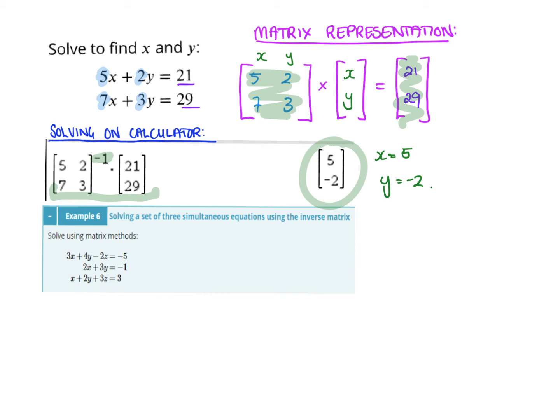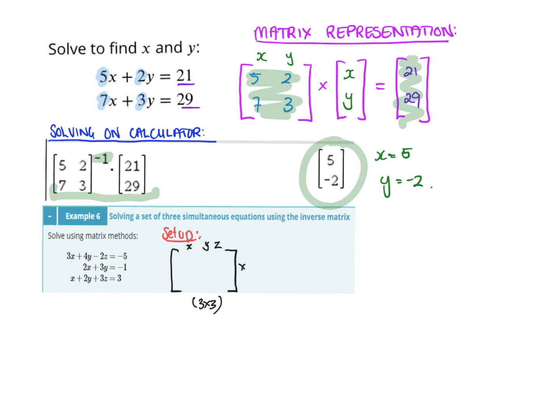Okay, so down here we have an example of 3 unknowns. So first of all, I'm going to do the setup. If I had to set this up in matrix form, because there's 3 unknowns, x, y, and z, I will have a 3 by 3 here.